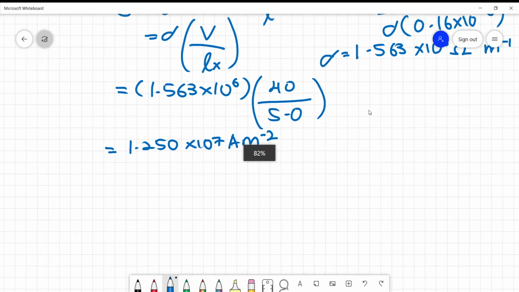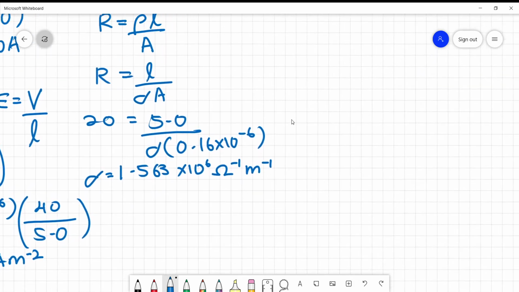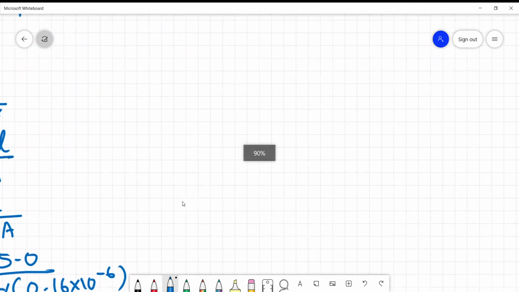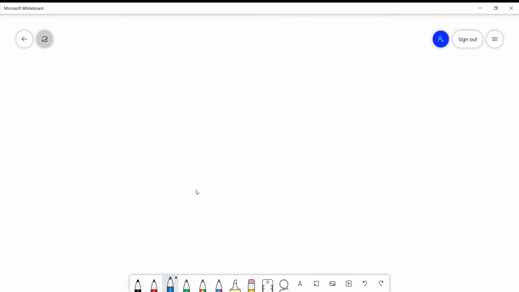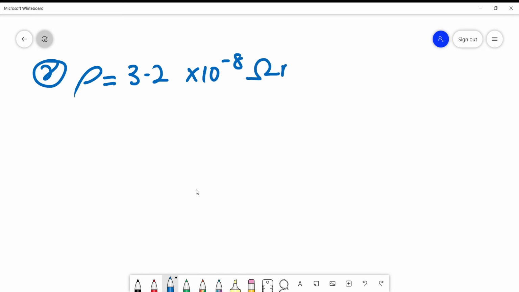Let me find a space that is much bigger. Okay, I think this is the place. So for number 2, the question provides us the resistivity of a certain wire, which is 3.2 times 10 to the power of -8 ohm meters.